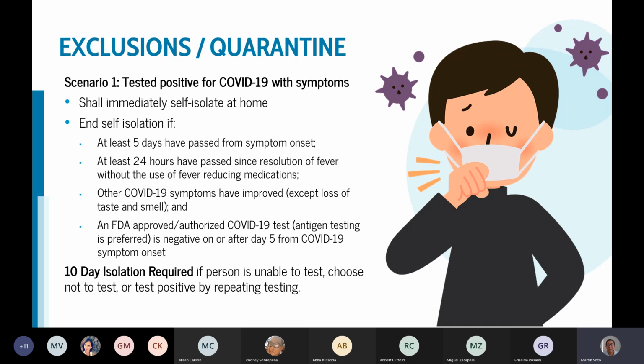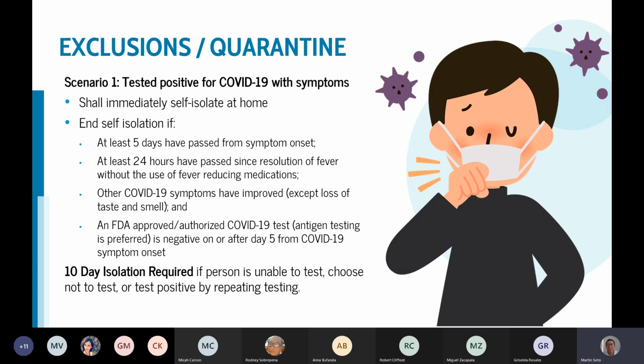Number 1, at least 5 days have passed from the symptom onset. At least 24 hours have passed since resolution of fever without the use of fever-reducing medication, meaning you have to be off your medication for 24 hours and 5 days have passed before you return to work.